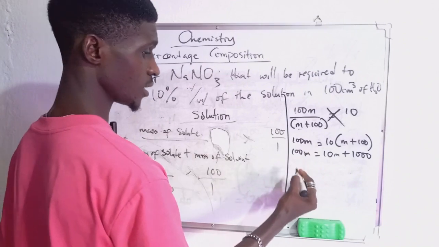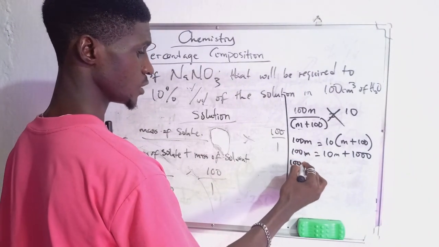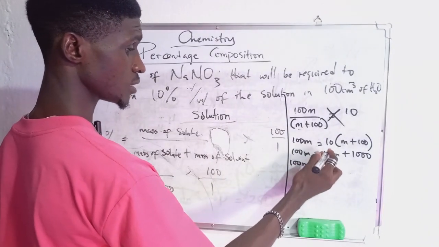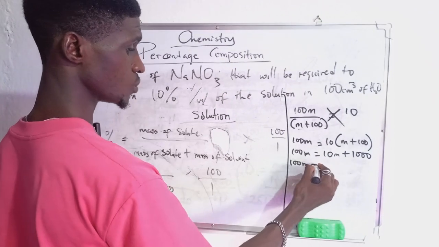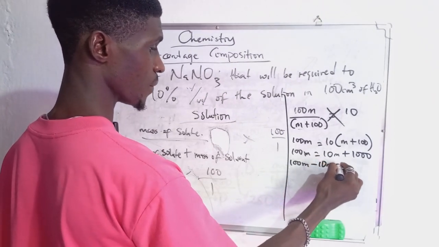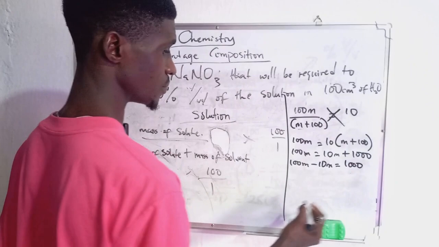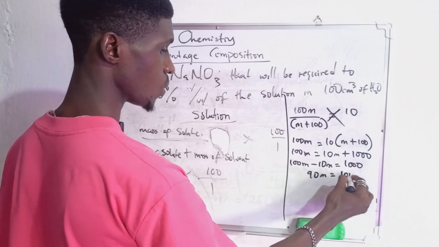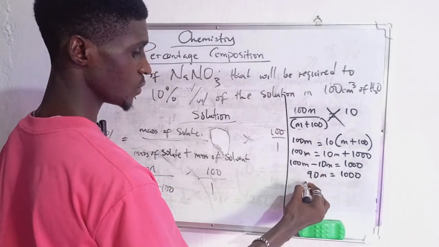So we are going to collect like terms here. We have 100 m. When this 10 m crosses the sign of equality, the invisible plus here will change to minus 10 m equal to 1000. So we have 90 m equal to 1000.